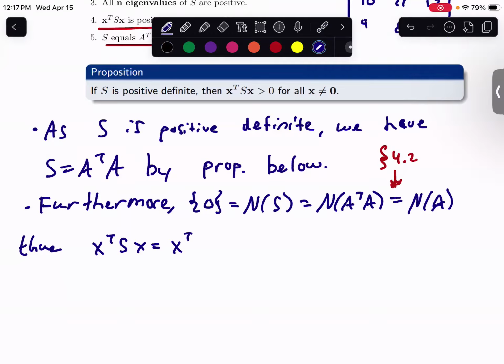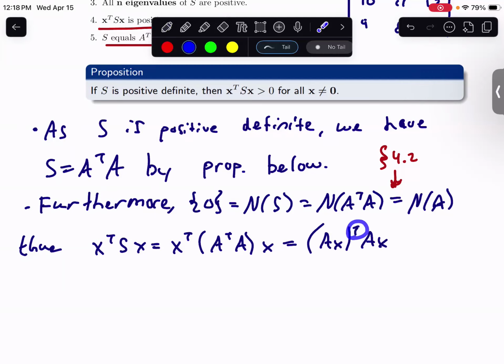This is the same thing as X transposed times A transposed times A, and then times X. We have X transpose times A transpose, which is the same as A times X, transposed. If I distributed the transpose throughout this product, you distribute the transpose to both terms and flip the order, which would give you X transpose times A transposed. So these two things are equal to one another.